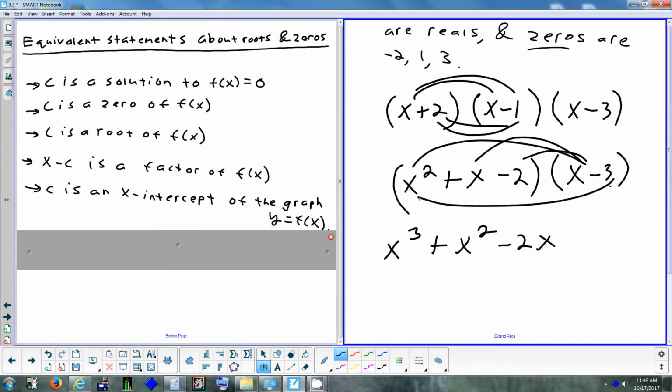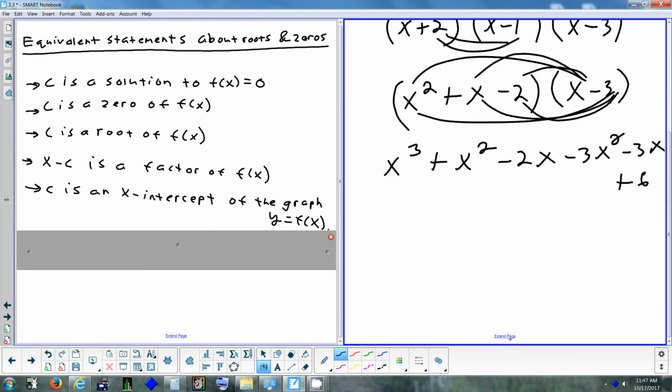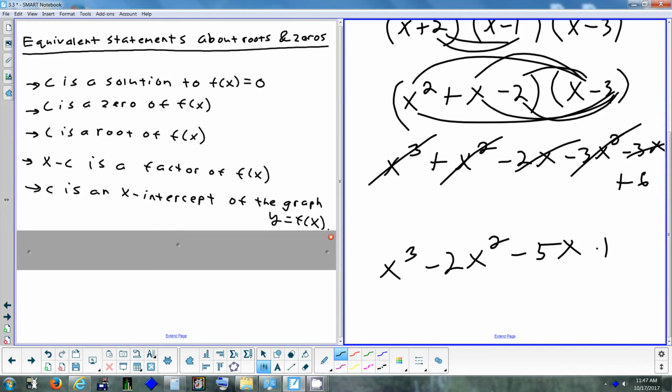Negative 3 times x squared. Negative 3 times x. And then negative 3 times 2, plus 6. So we've got x cubed, x squared minus 3x squared, negative 2x squared. Negative 2x minus 3x, negative 5x. And plus 6.